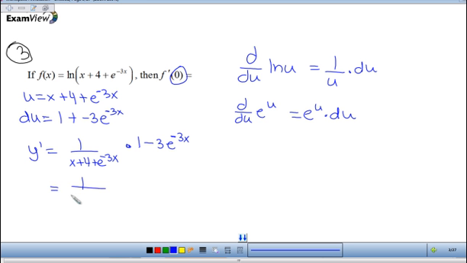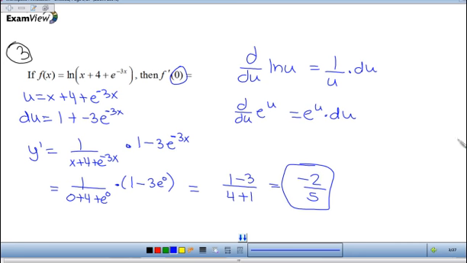Wherever I see an x, I'm going to substitute 0. So my derivative is going to be 1 minus 3, because e to the 0 is 1, over 4 plus 1, so again, e to the 0 is 1. So I get negative 2 over 5.